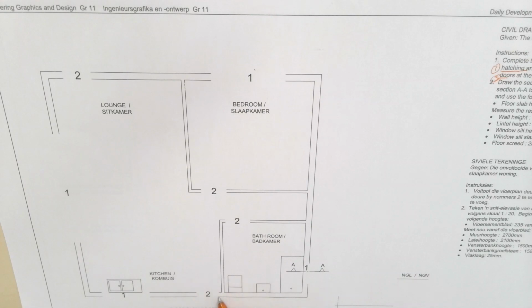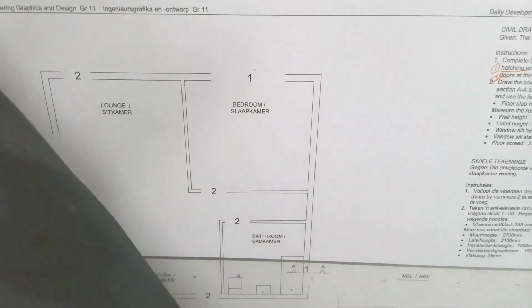So the door will open towards that side. Likewise here, this is the shortest wall amongst these 2 walls. Therefore, the door will open on this side. So that is what we need to look for when constructing a door.